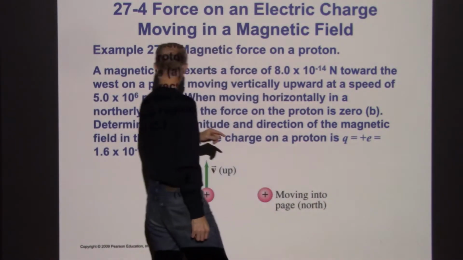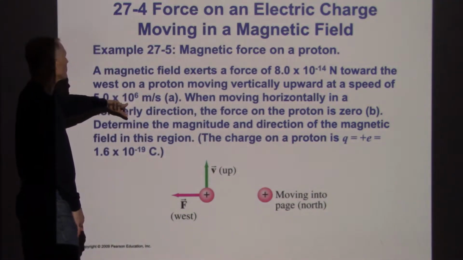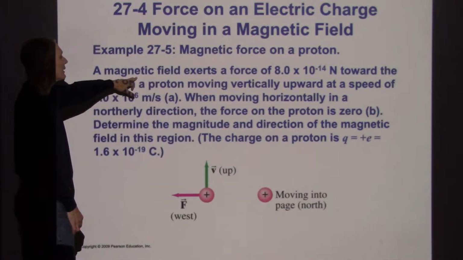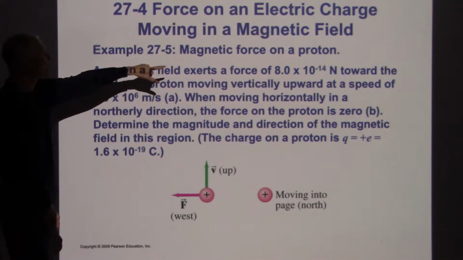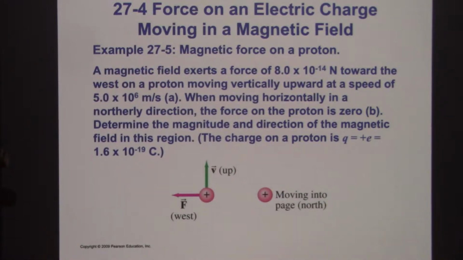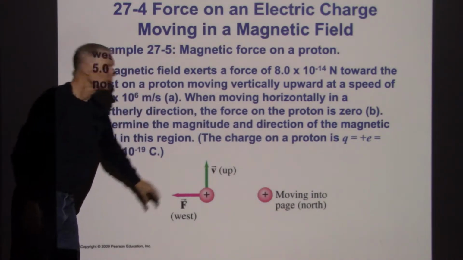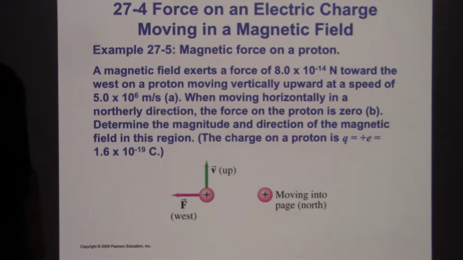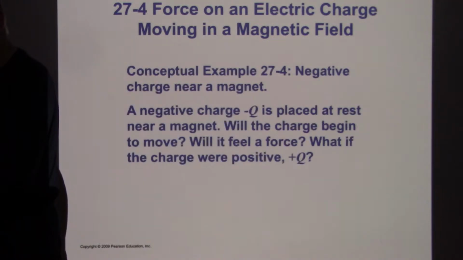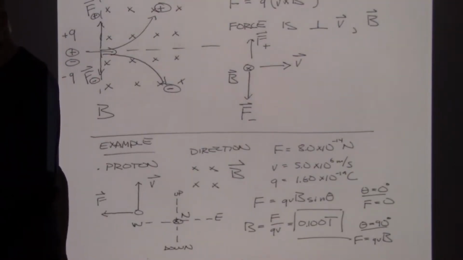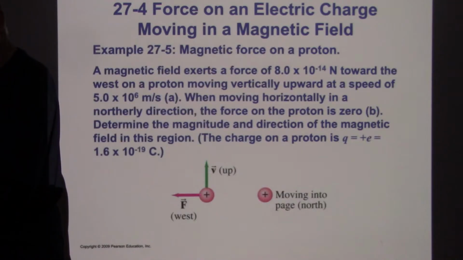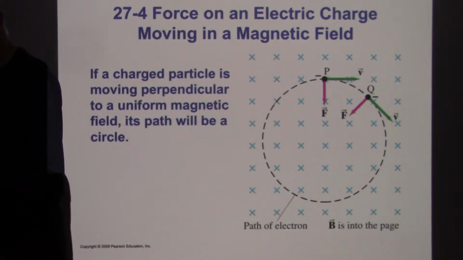That's what we had in our diagram, at 5 million meters per second, and the magnetic field exerts a force of 8 times 10 to the minus 14 newtons, and the force is to the west. Oh, there's the picture. Okay, so here is the problem. And there is the solution. Just a couple slides back. It was close. All right, so I guess we can move on then.